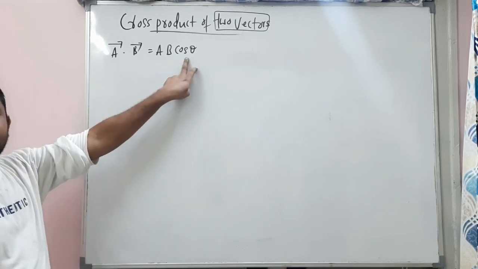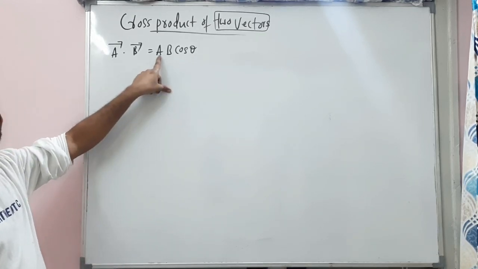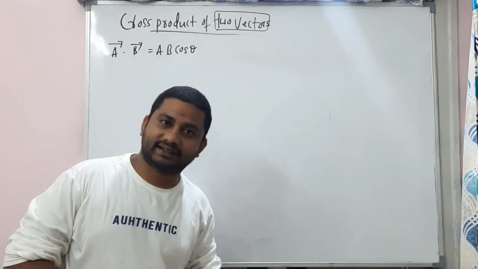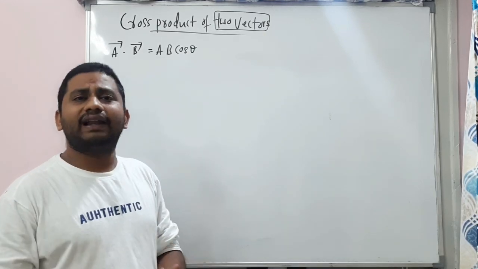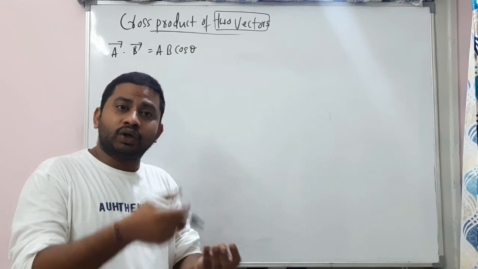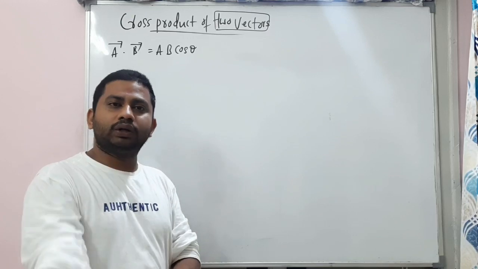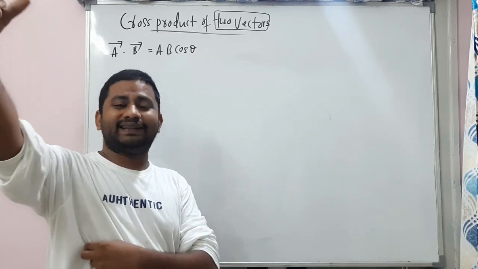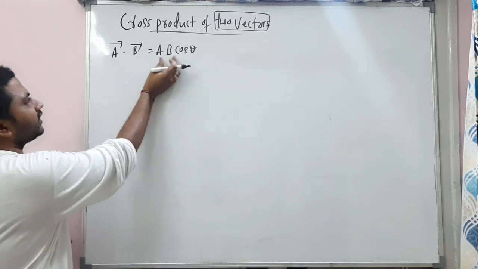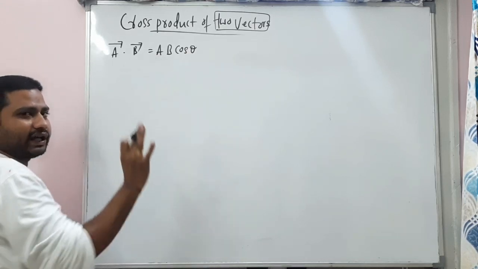There is no vector here. Cos theta will have values, cos 0 is 1, then root 3 by 2, 1 by root 2, 1 by 2, 0, it goes like that. It is a value, that's called the magnitude, no direction.